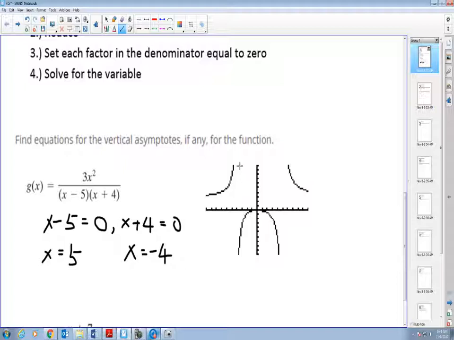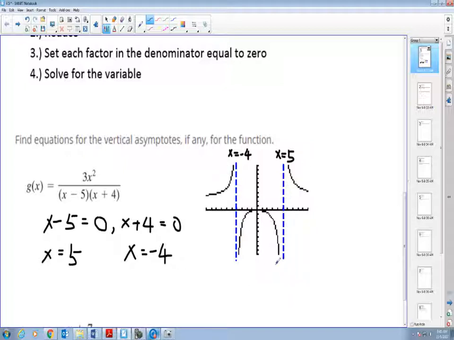If I count right here, 1, 2, 3, 4, there's actually a vertical line here. 1, 2, 3, 4, 5, there's a vertical line right here. Those are my vertical asymptotes. That does not show up on the graphing calculator. So the equation for my vertical asymptotes, one of them is x equal to -4. The other one is x equal to 5. Again, they are restrictions on the domain, but specifically, they are called the vertical asymptotes.